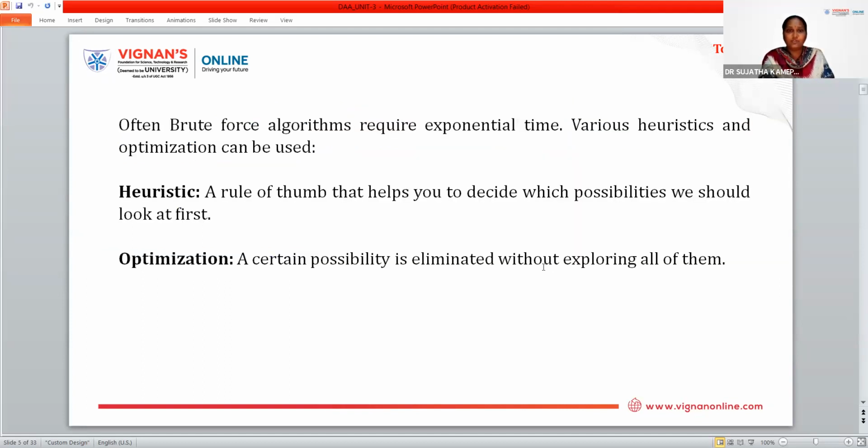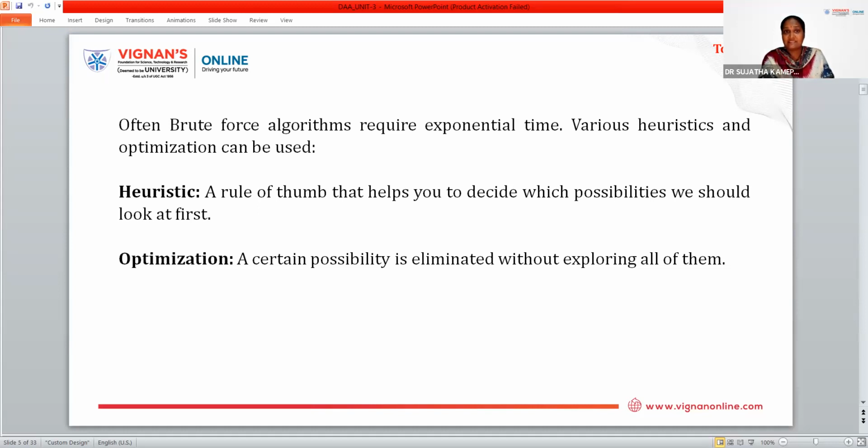Coming to brute force algorithms, these require exponential time. Since it checks all possibilities, it requires exponential time. So various heuristic and optimizations can be used in brute force algorithms. So here, what is heuristic? Heuristic means it is a rule of thumb that helps you to decide which possibilities we should check at first.